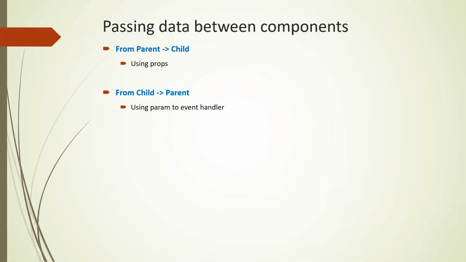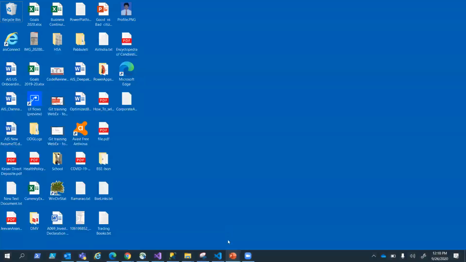It's quite a normal scenario where you have to pass the data from the parent component to the child component, and also from the child component to the parent component. So we will see how to pass data from parent to child and child to parent.